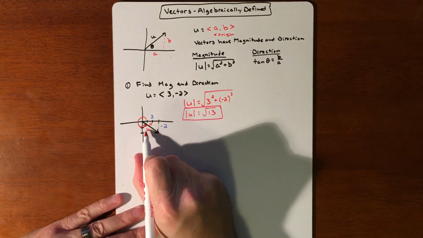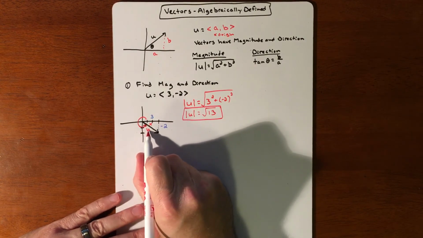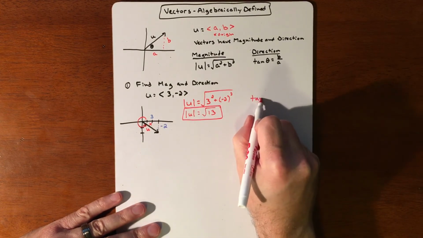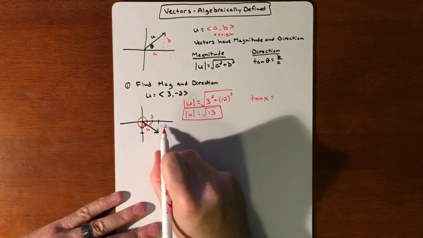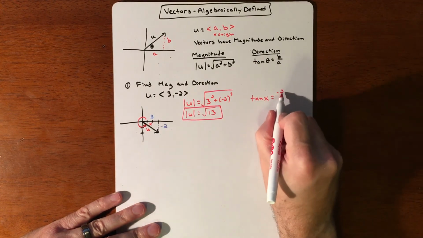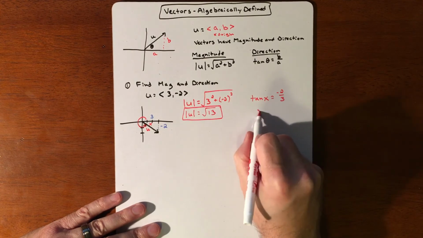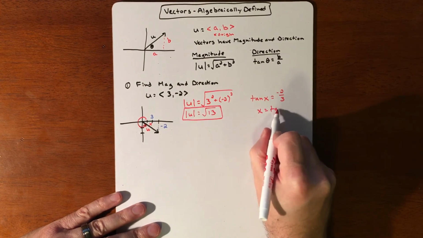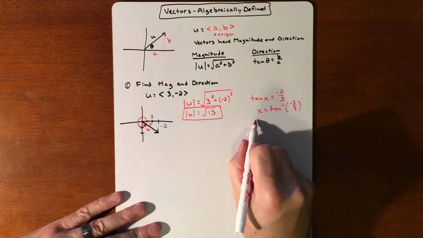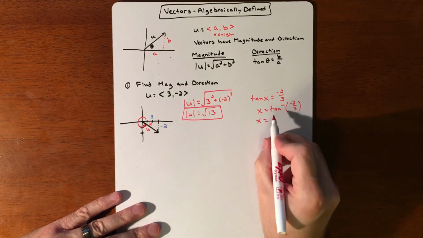I'm going to not use the value that I just found, just in case I got it wrong. So I'm going to use these two given values. So to find x, we're going to be setting it up as tangent of x is going to be -2/3. And then x is going to be the inverse tangent of that.